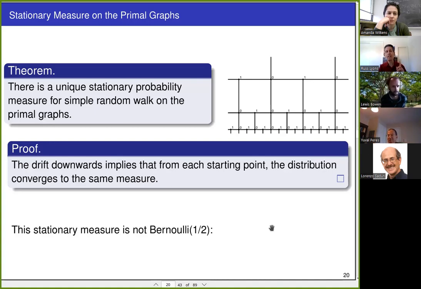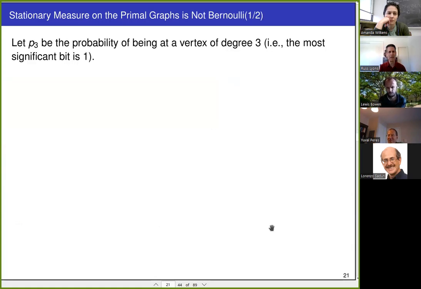First of all, we can say it's not Bernoulli 1/2. So let me prove that. I'm going to pay attention in particular to vertices of degree 3, which means the most significant bit is 1. And I want to claim the probability of that is not 1/2, okay?